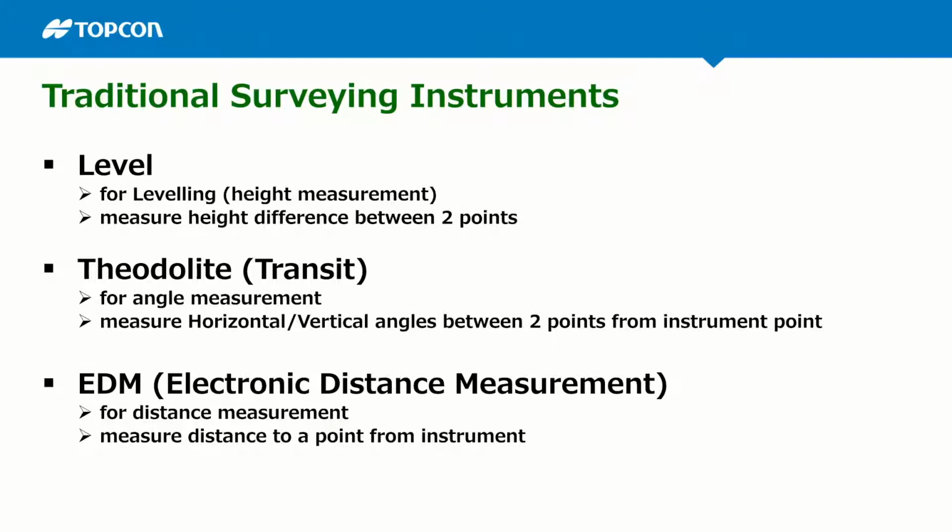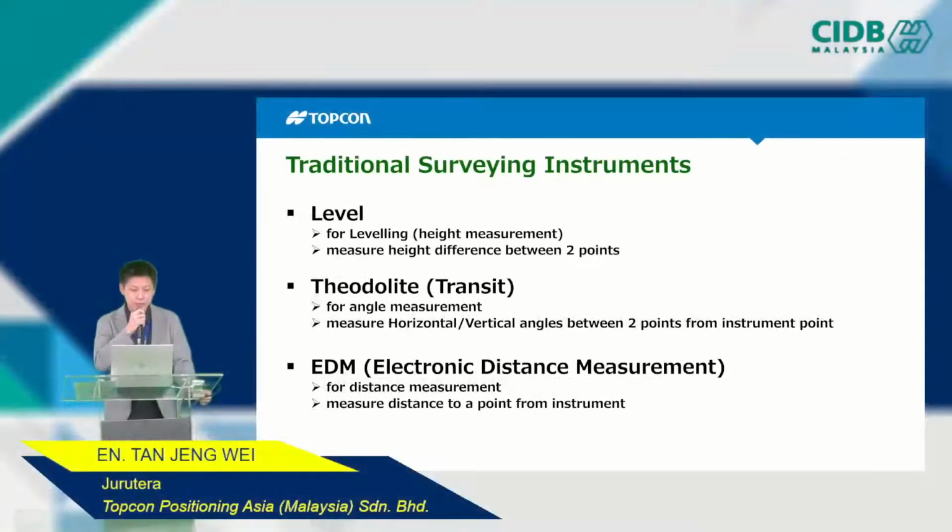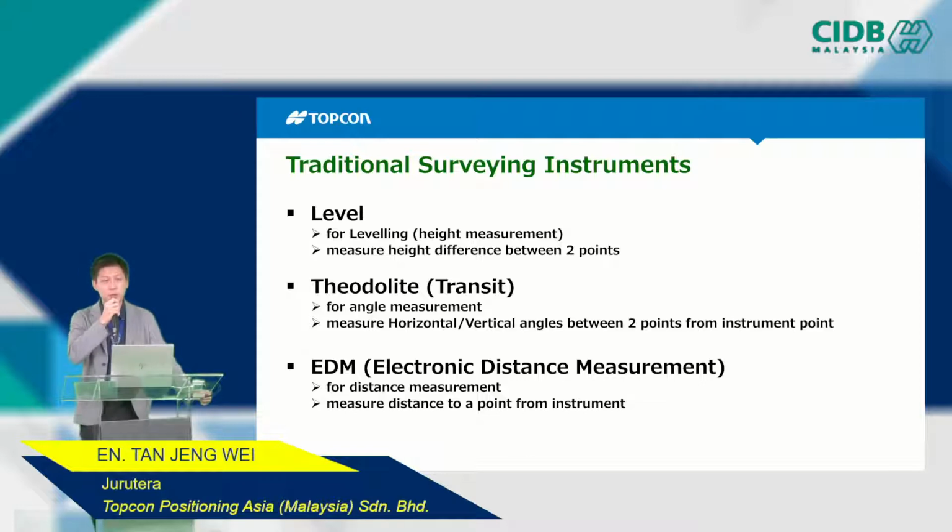For the theodolite, we use it for angle measurement. The third one is the EDM. For EDM, we use it to measure distance, which we cannot measure using a theodolite. That is why we have the total station in recent years, right?